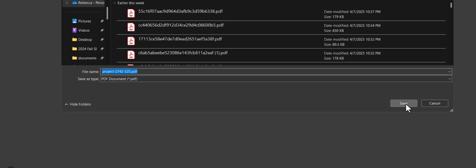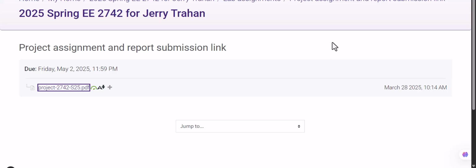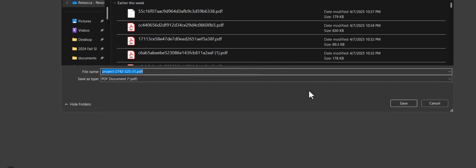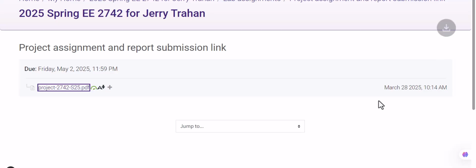So let's take a look at what this project is. It's another variation of the elevator project that has been used for Digital Logic Lab for a long time, but it's not exactly the same, so you cannot just reuse code from someone else, or if you're retaking the class, reuse your own code, because it's slightly different and it's not going to work.